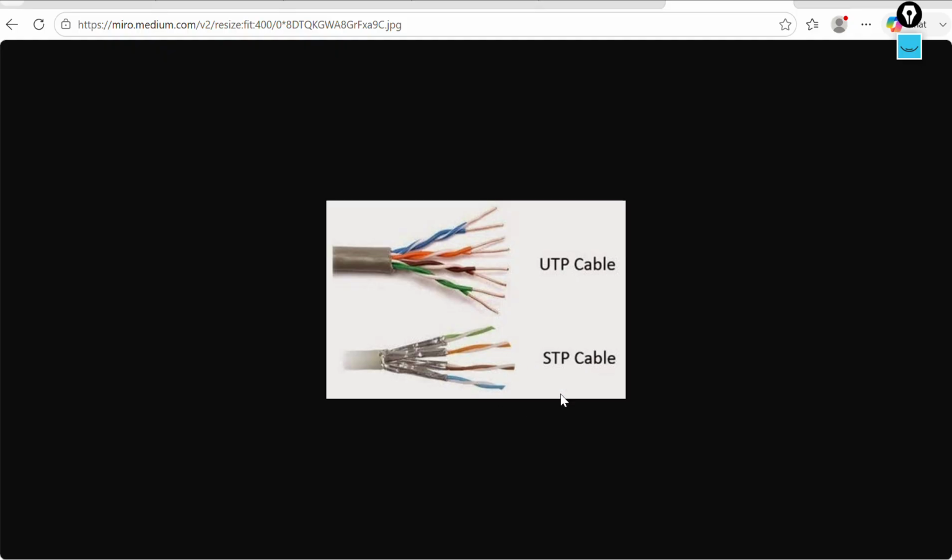In the STP cable, on each pair we have one more layer. This is for protection. That's why STP costs more. UTP does not cost as much. So in most organizations, we will use UTP cable only. We don't use STP cable, so don't think about STP cable. Okay, first we discuss UTP cable.